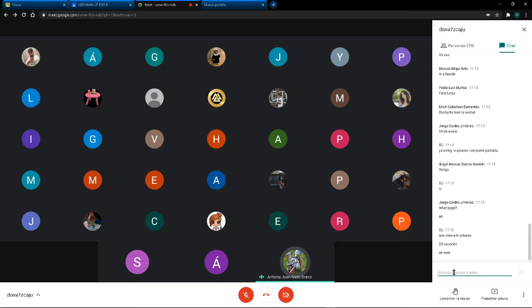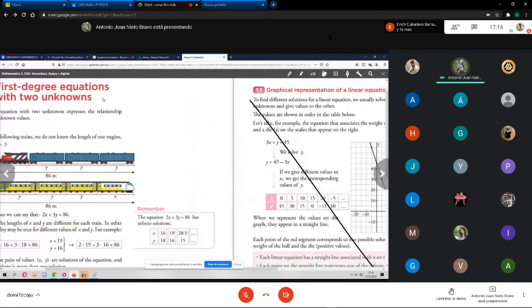Okay. So, if we go to the book, the first thing we have to take into account is what an equation is, and what the meaning of it is. We're used to solving equations like, one simple one, 2x plus 1 equals 2, for example.